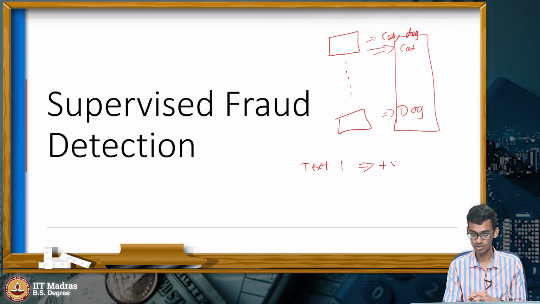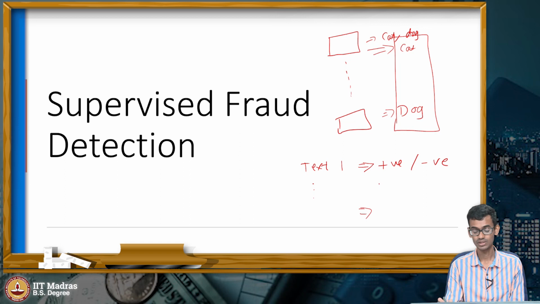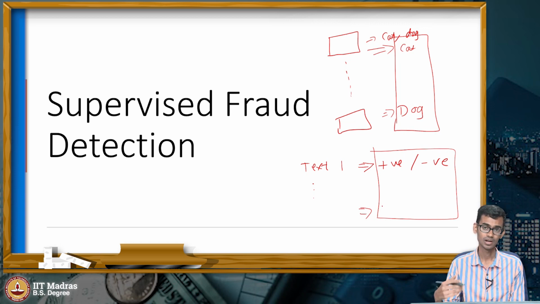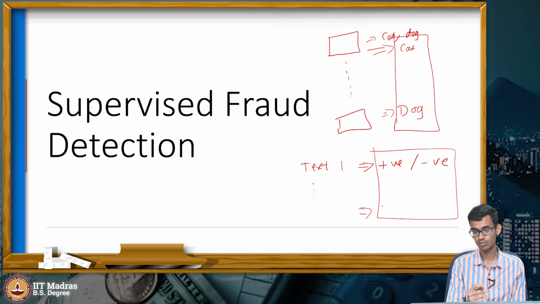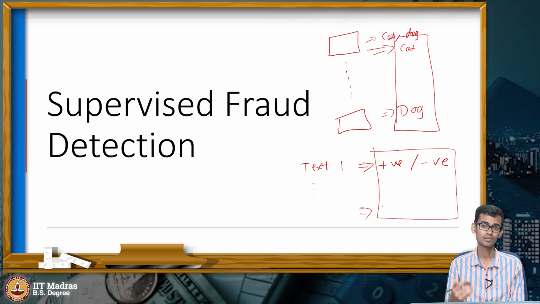You have hundreds and thousands of texts with the actual labels, positive or negative. In this case, this serves as the supervision, the target for building the model. So that's the whole idea of supervised learning.